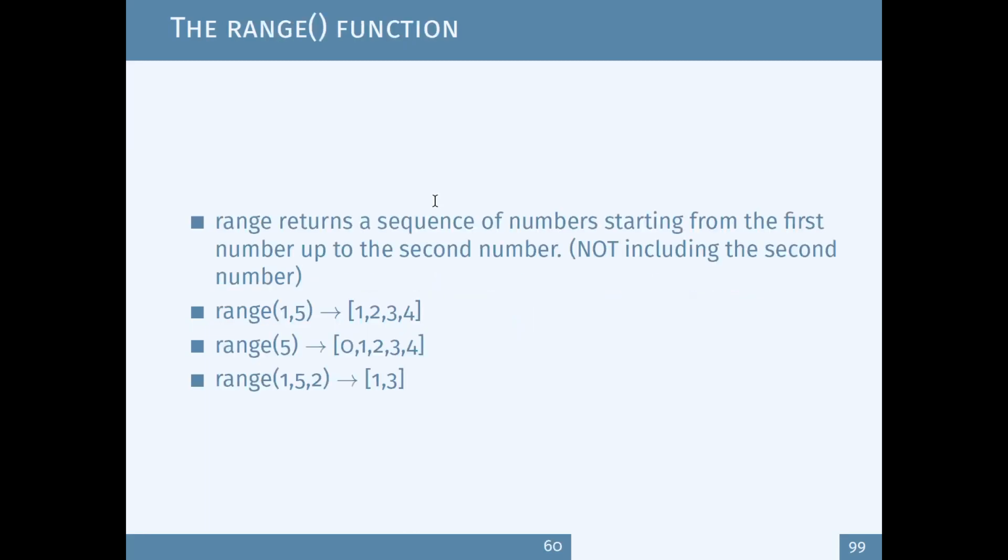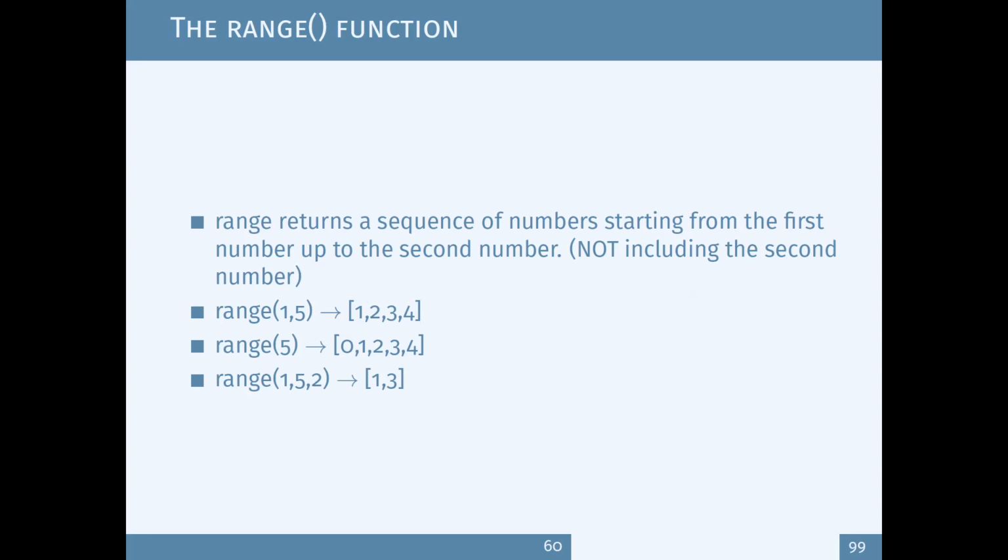Okay, now, before we talk about the for loop, we have to learn another function called the range function. Now, the range function can take 3 arguments, and how it's normally used is with a start and end value. I will explain.